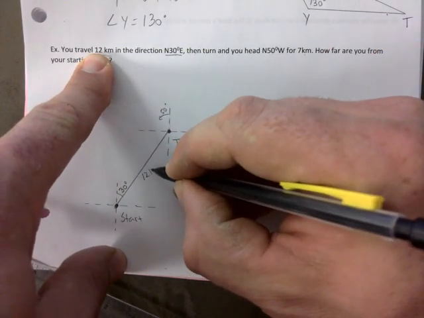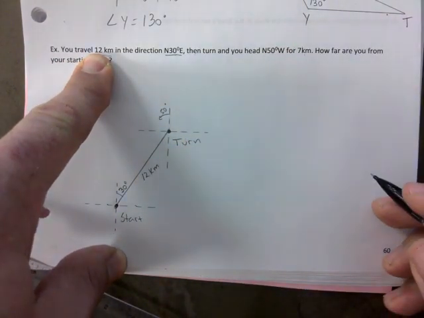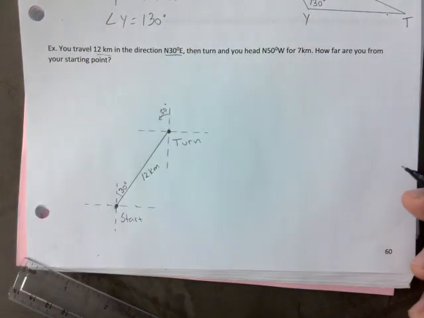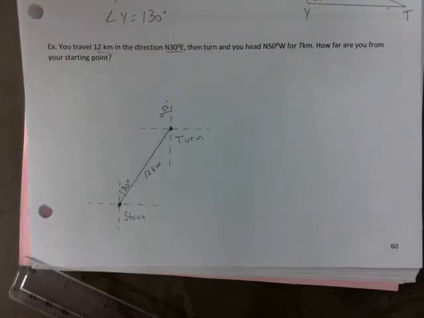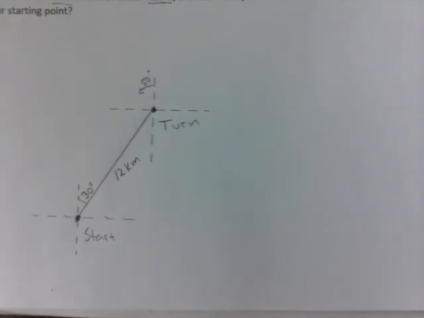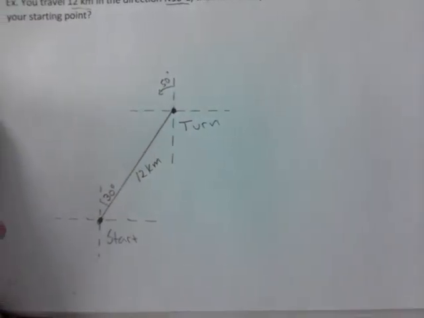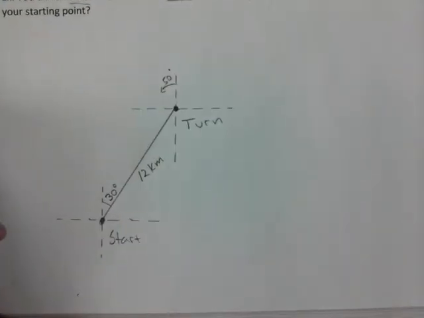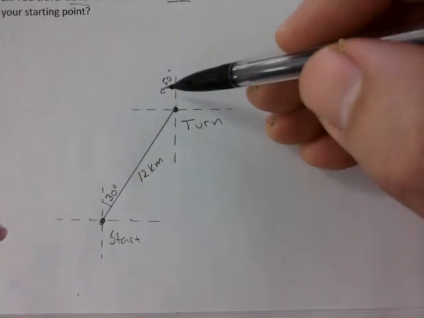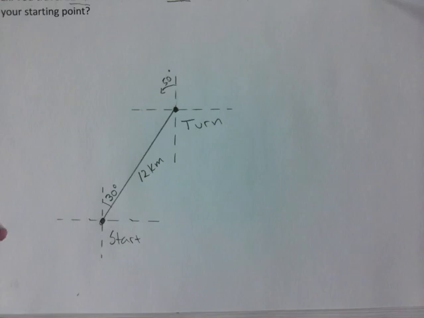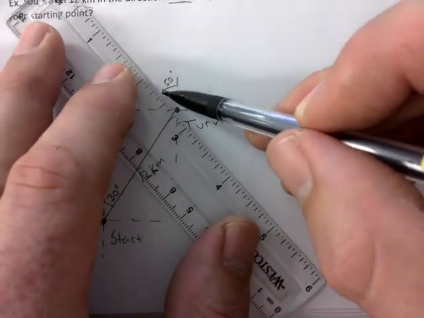I forgot that. Let's do that. Let me zoom in too. You can tell me if it ever is too small for you to see, tell me. Can you please zoom in? So now you're headed for 7 kilometers in that direction.